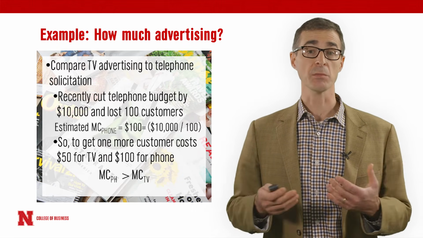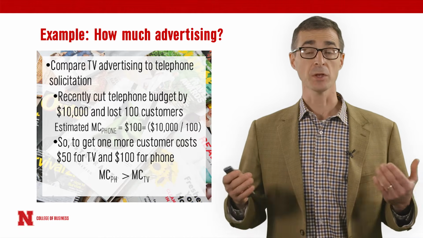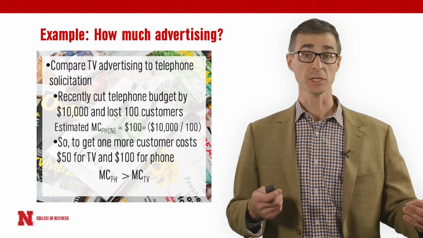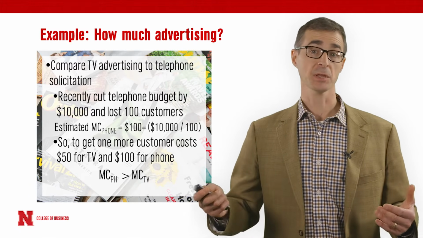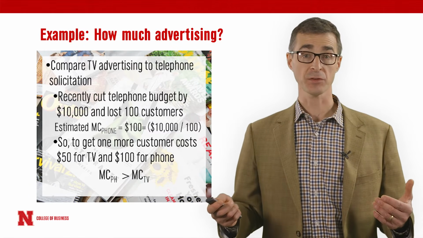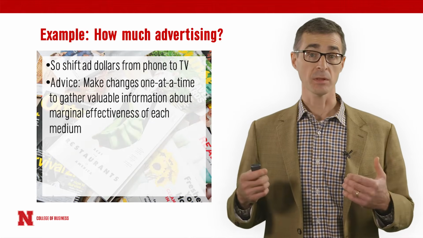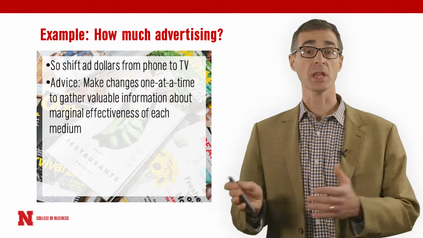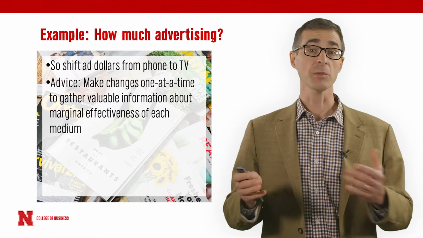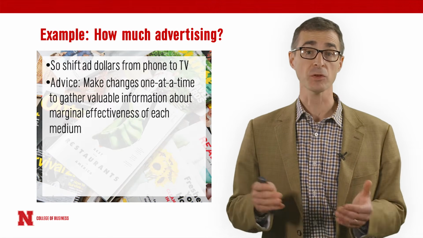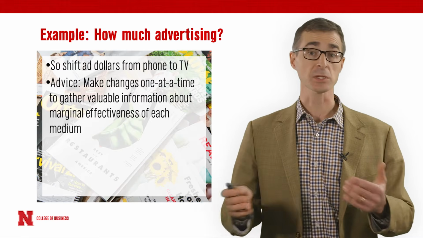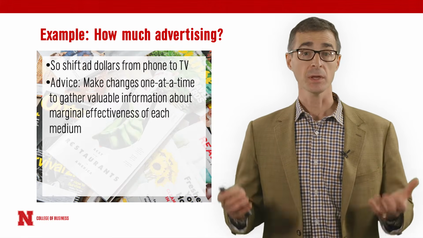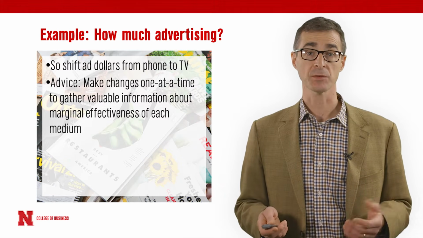Even without knowing the marginal revenue side of this, knowing that the marginal cost of obtaining a customer through television is about half that of obtaining the customer through telephone solicitation would point the company in the direction of more television advertising, less telephone advertising. So even comparing the marginal costs of two different mutually exclusive alternatives, in this case the phone and the television advertising, can help to make sound economic decisions.